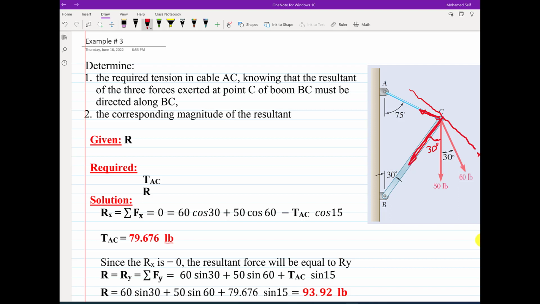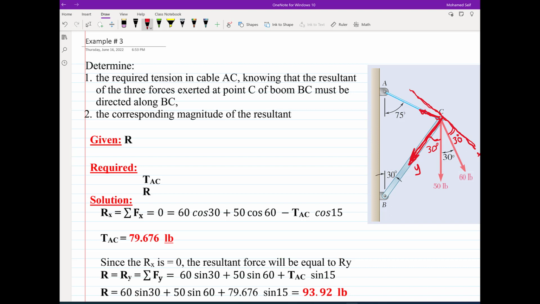So I'm going to put my coordinate axes. The Y coordinate along the line CB and the X axis perpendicular to it. If this one is perpendicular to the line, and this one is 30 and this one is 30, and this is perpendicular 90 degrees, the angle here is going to be another 30 degrees. So I have 30, 30, 30.